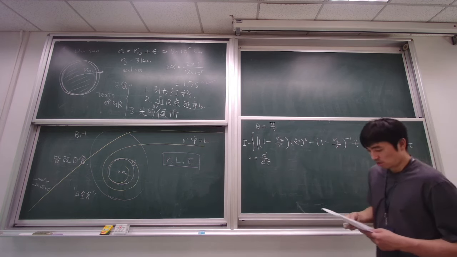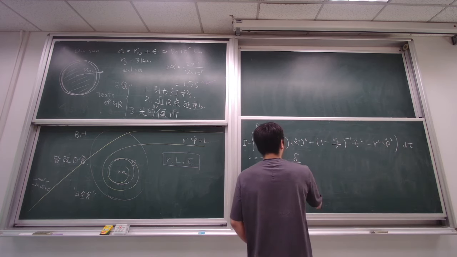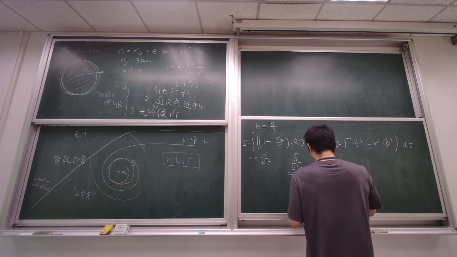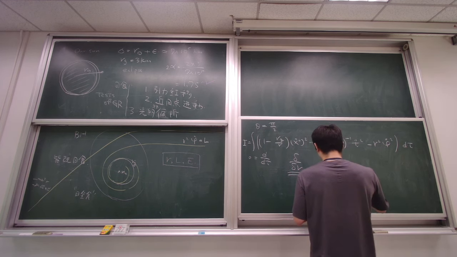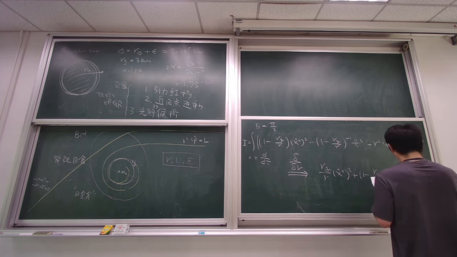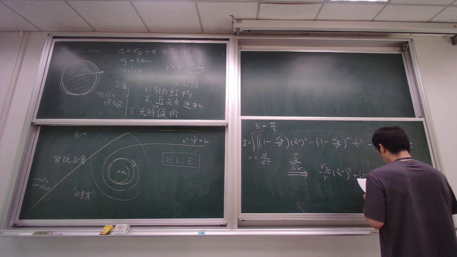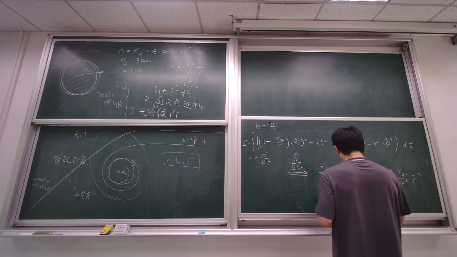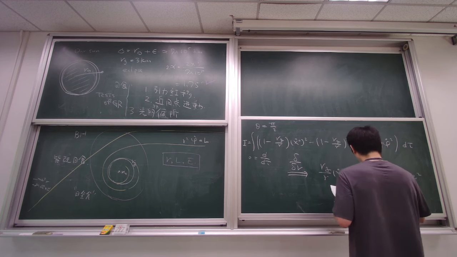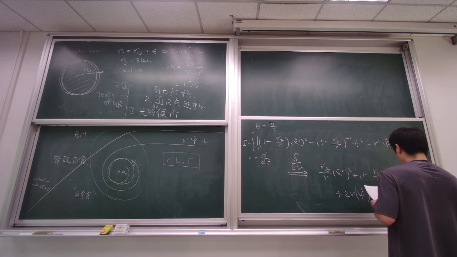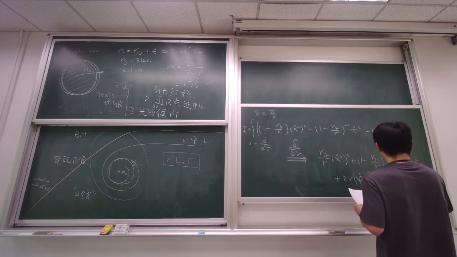This is the action we consider, and then we take variation with respect to R. Then what you get is Rg over R t dot square plus (1 minus Rg over R minus 2 Rg divided by R square) R dot square plus 2R phi dot square plus 2 d/d tau of (1 minus Rg divided by R) inverse R dot, equal to 0.